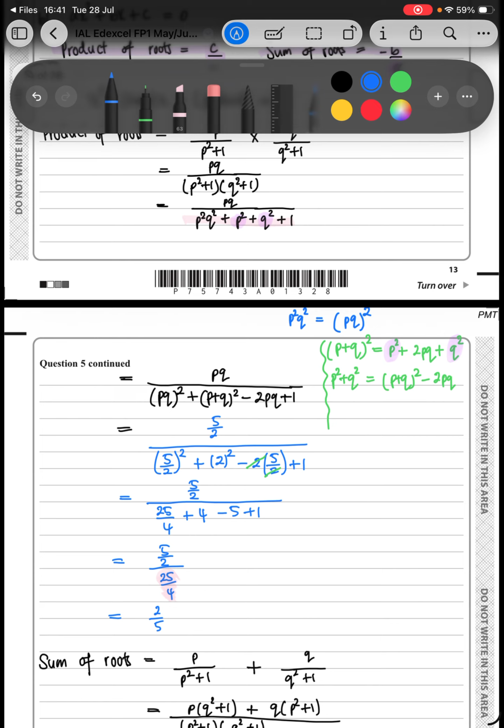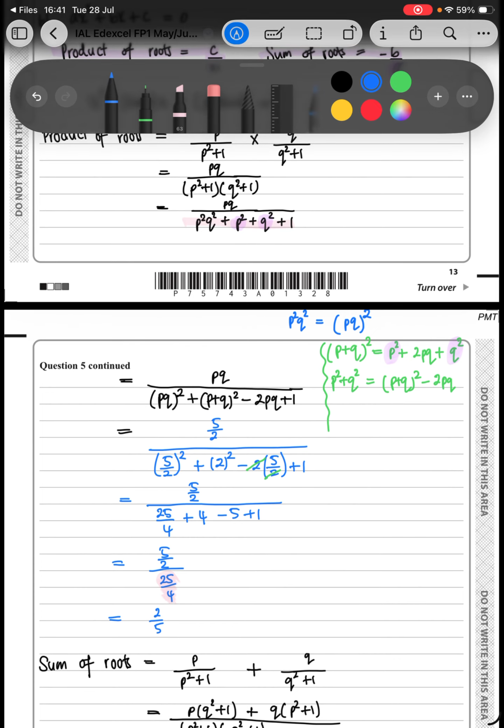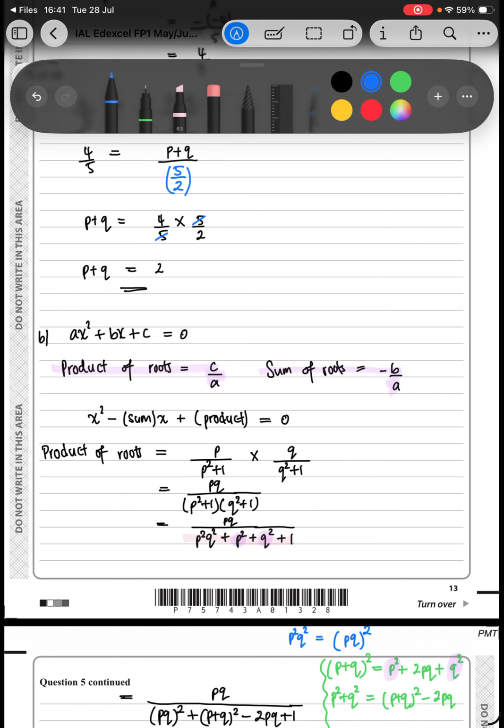So now that we've found the values of the summation and also the product of roots, we can directly substitute into the expression we wrote up here. This one.